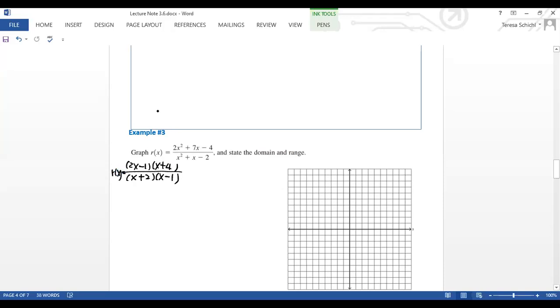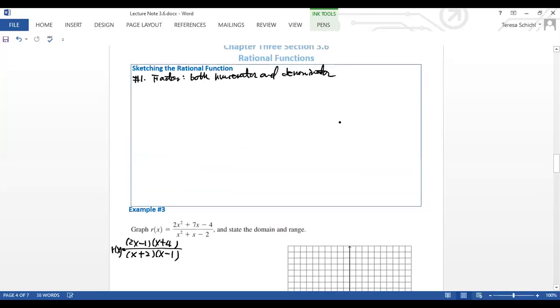Now the second step, in order to help here, is to find the intercepts. So I have an x-intercept and I have a y-intercept. How do I find the x-intercept?